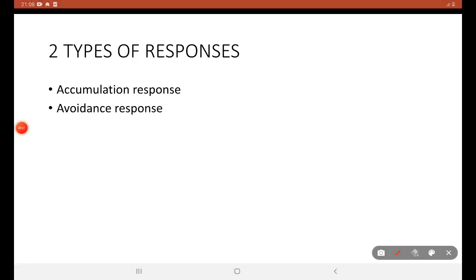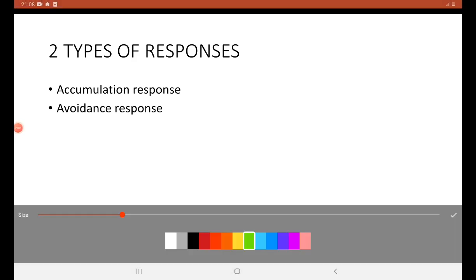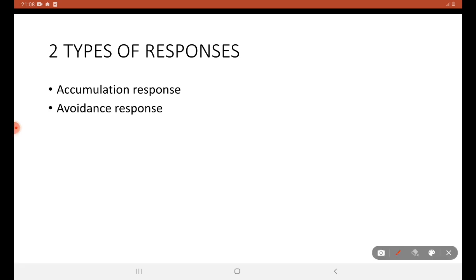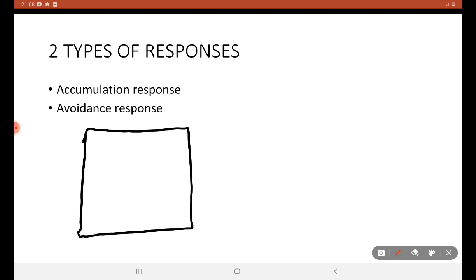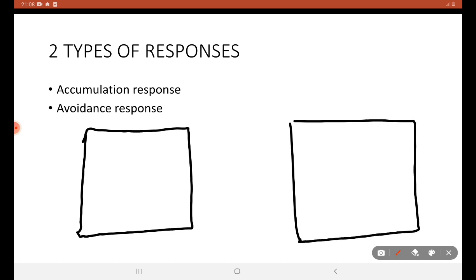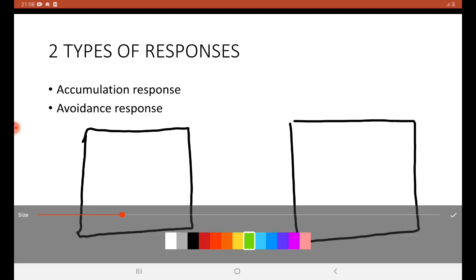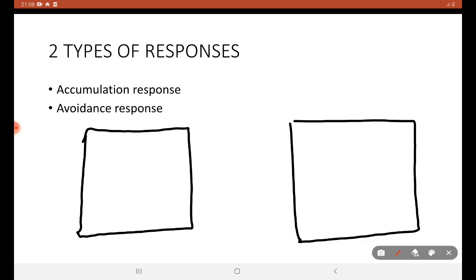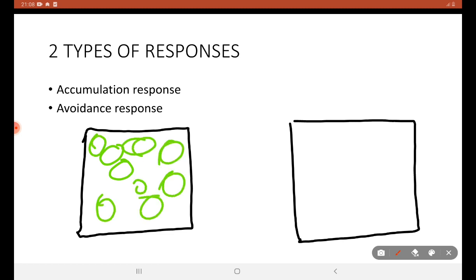So now we will see what are accumulation responses and what are avoidance responses. Let us consider two plant cells, cell 1 and cell 2, and so many cells here and there. Consider that this cell is irradiated by a light source.